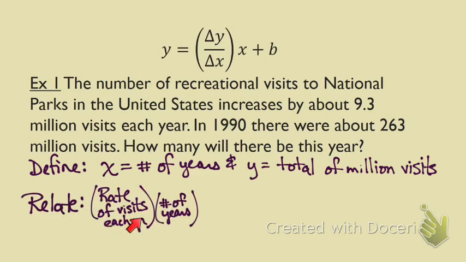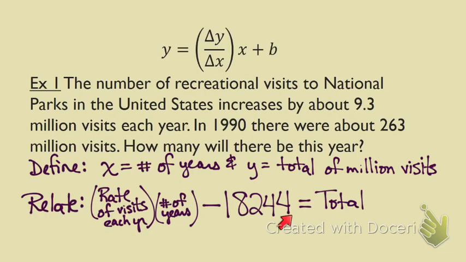So the rate of visits each year times the number of years plus, or I guess I should say subtract. So let's put in this magic number because sometimes this number isn't really making sense to me right now. But total number of visits. So let's write our model.